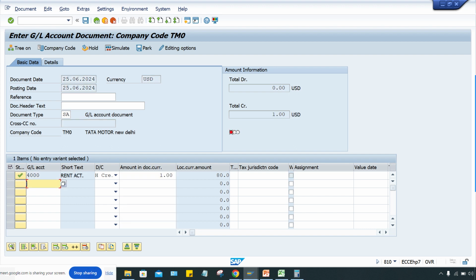Yeah, 80. That's fine. So that rate itself is being picked up by the system.